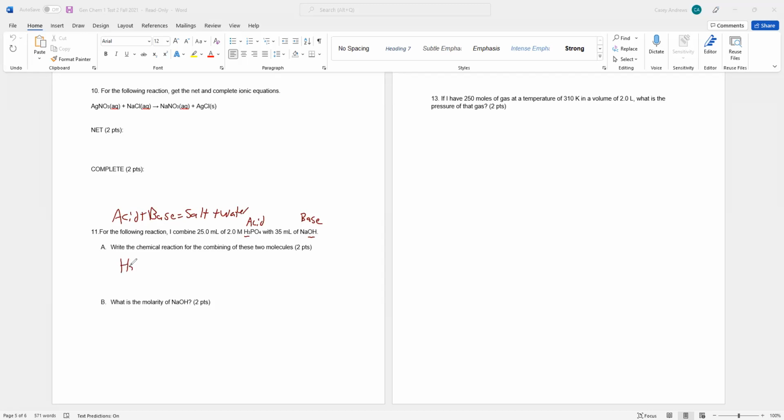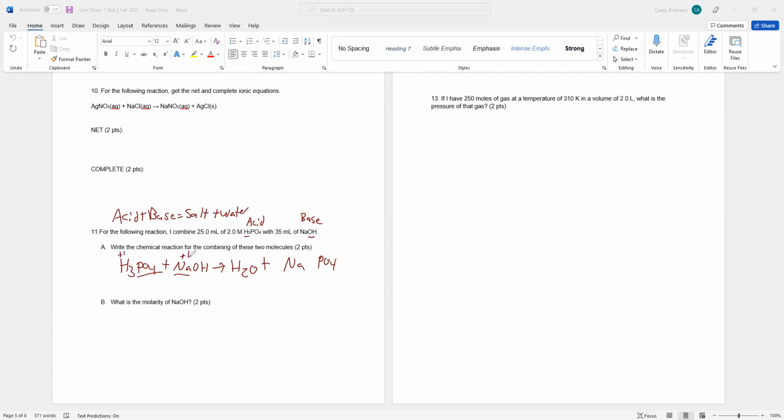So H3PO4 plus NaOH makes water plus a salt. Your salt's always going to be metal and non-metal. So plus NaPO4. Hydrogen has a +1 charge, oxidation number.